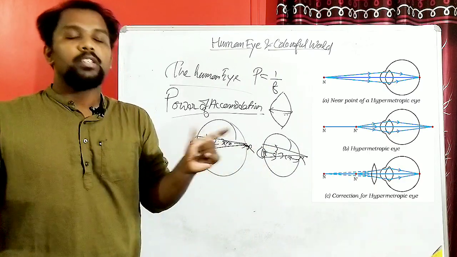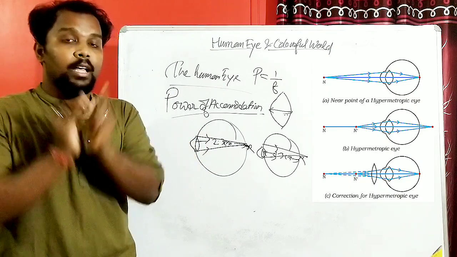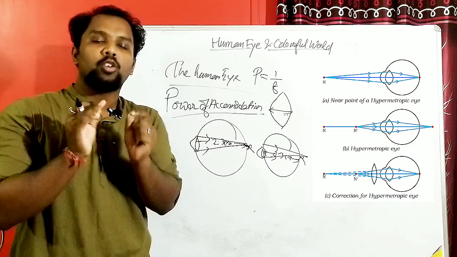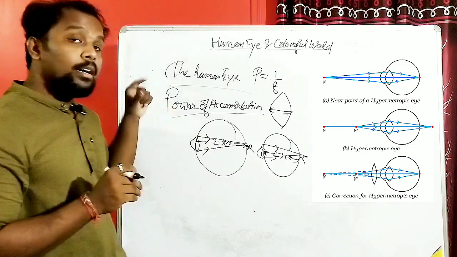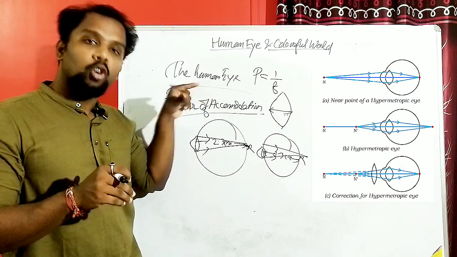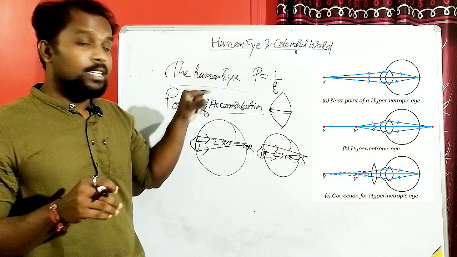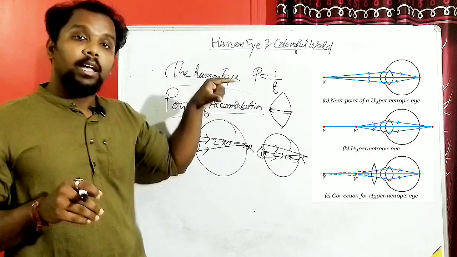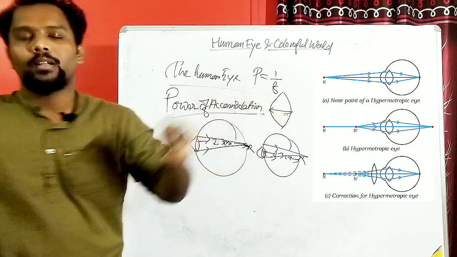What is going to happen when you use a proper convex lens? By the way, one thing should be clear. When you use a convex lens, that ray will converge at a smaller angle. But again, when they reach our natural convex lens, it is going to decrease by a decent amount so that the image can be formed at the proper retina.